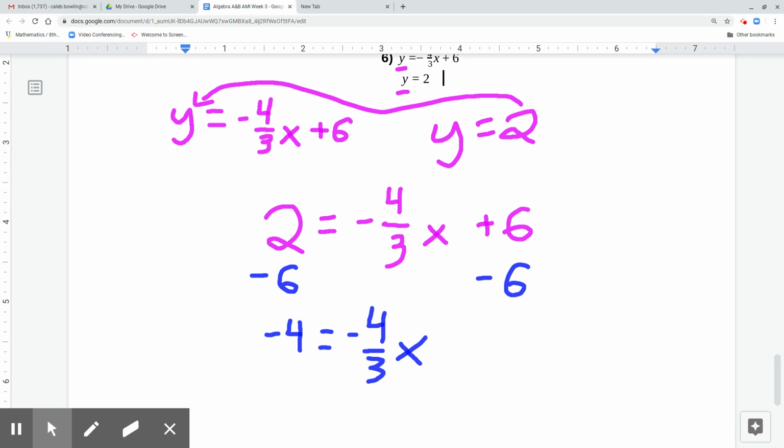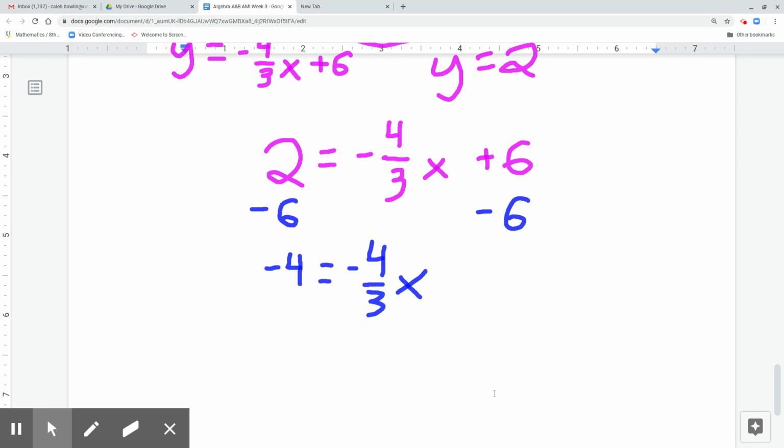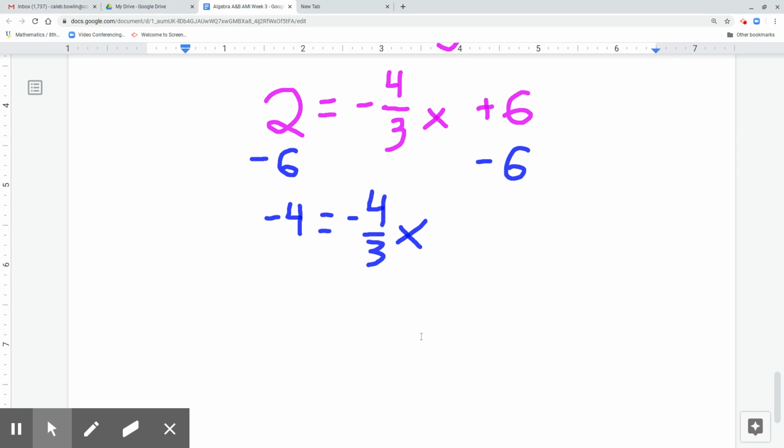We've made some progress. Now, to get rid of negative 4/3, which is currently being multiplied by x, I do the inverse operation and divide.